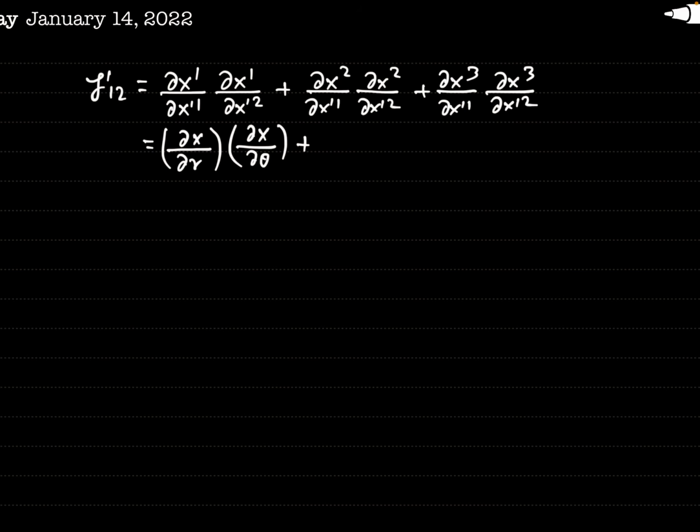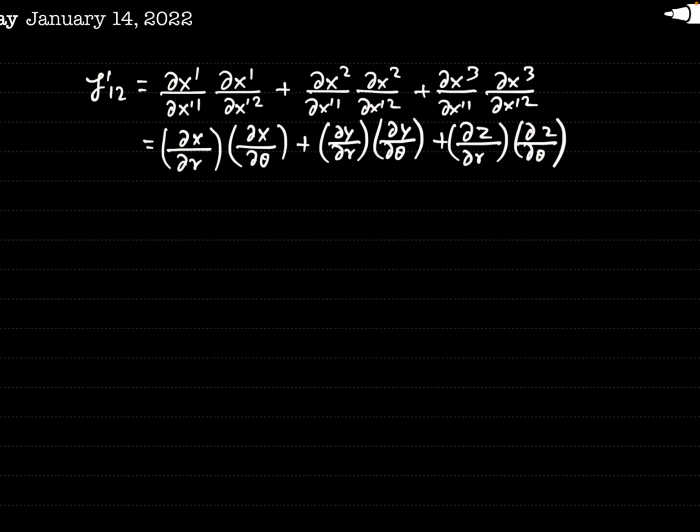I hope you understand. And del x2 is y, so this is del y by del r times del y by del theta, and plus this is del z by del r times del z by del theta.